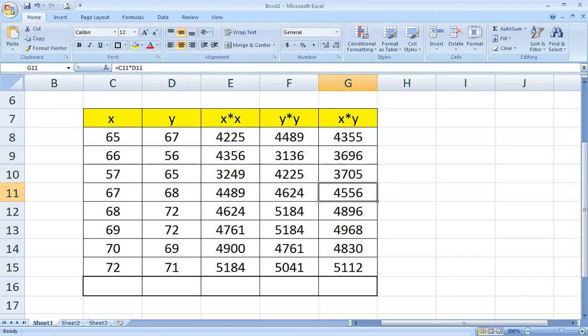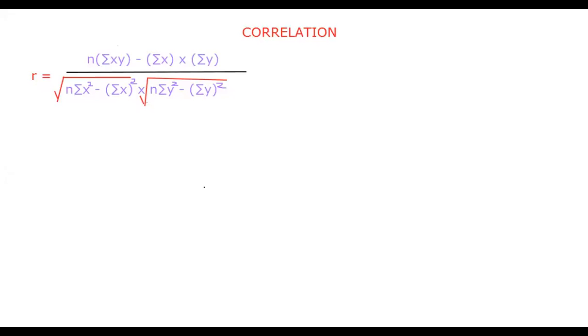So we need to add them. I hope you all remember our formula. We found the xy values. When we sum up all the x values, we get sigma x, and when we sum up all the y values, we get sigma y.